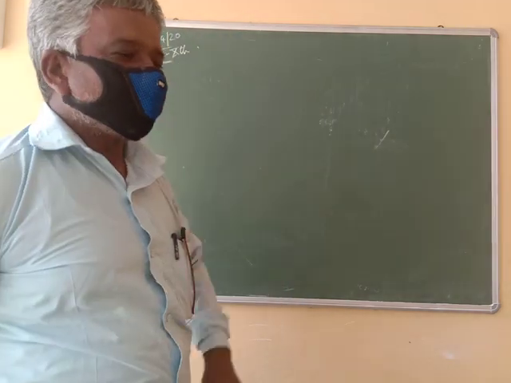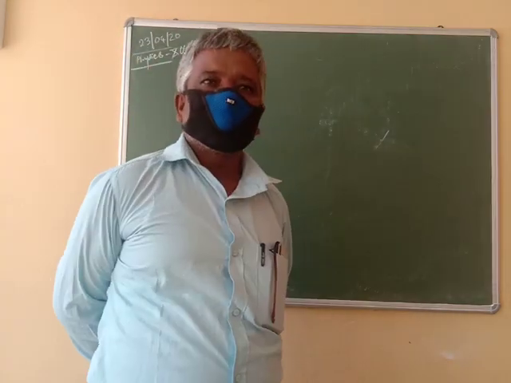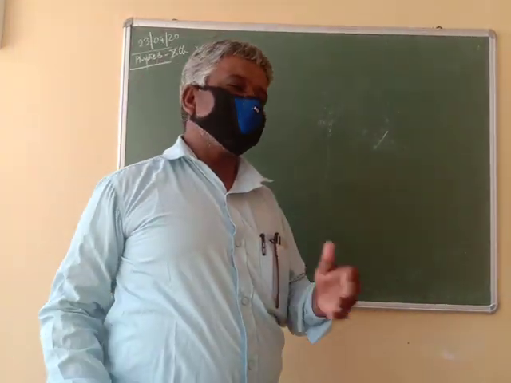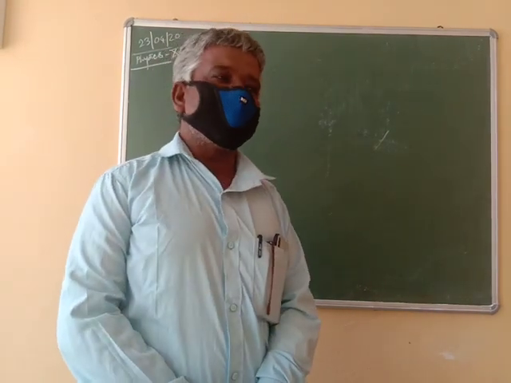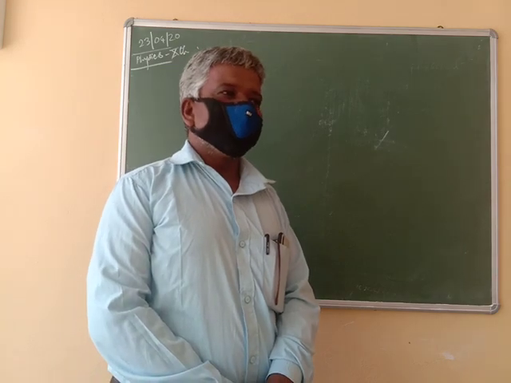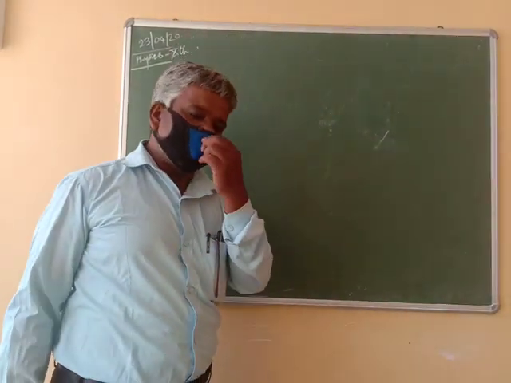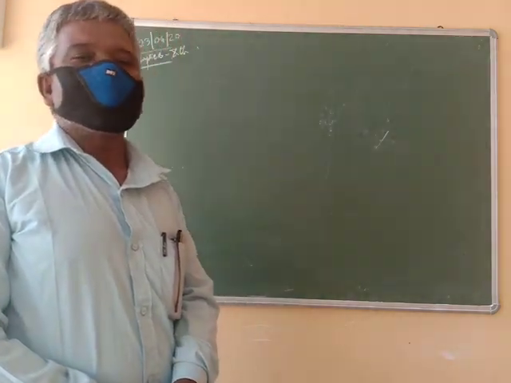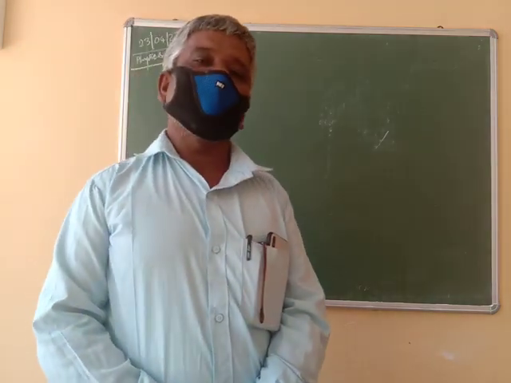Today, I have so many questions. I have already taught you and solved so many problems regarding physics. One student had asked me how a galvanometer works. Actually, a galvanometer is an instrument which measures a very little amount of electric current in the circuit, and it works on the principle of conversion of electrical energy into mechanical energy.